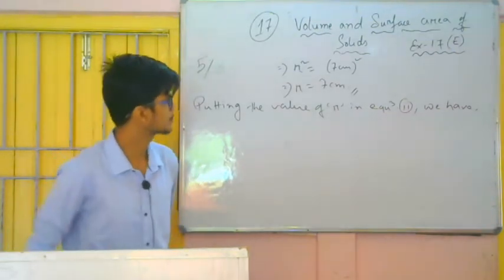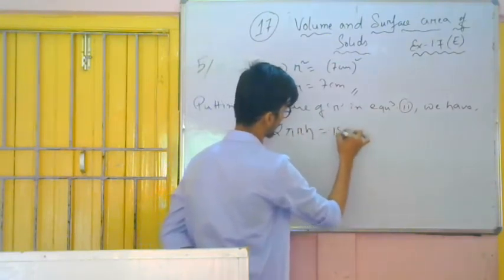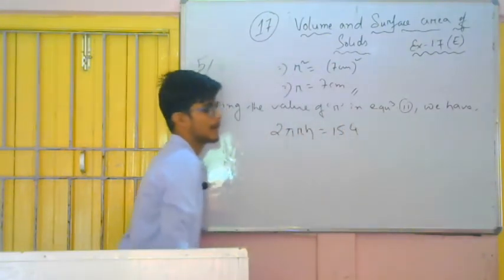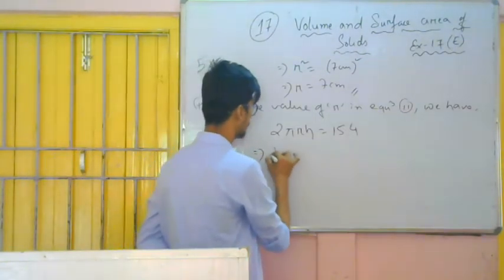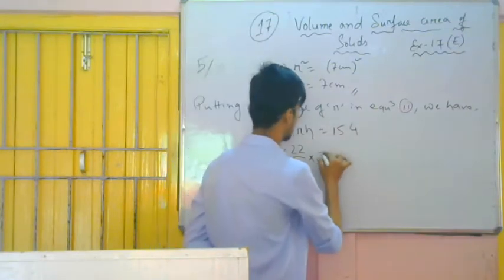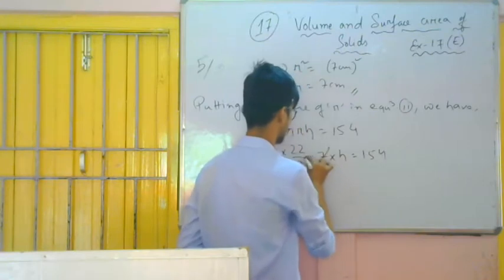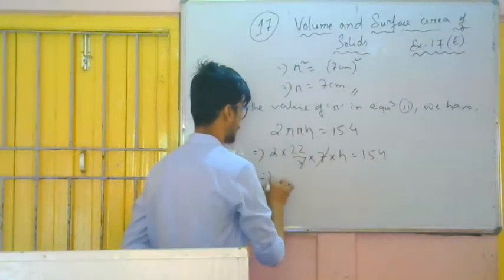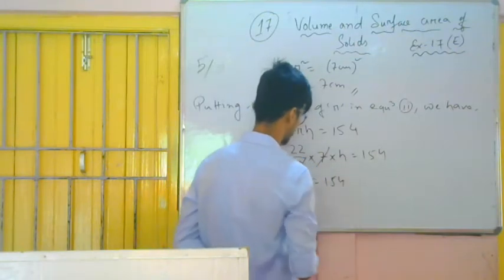2 pi rh will be equal to 154. 2 pi rh is given 154. So I will put the value 2 into 22 by 7, radius is 7, height I don't know, so you write it as h. 7 cancel, so this implies 44h is equal to 154.